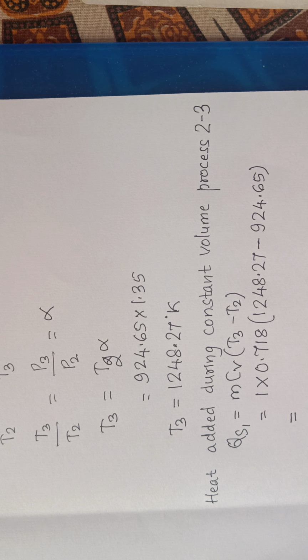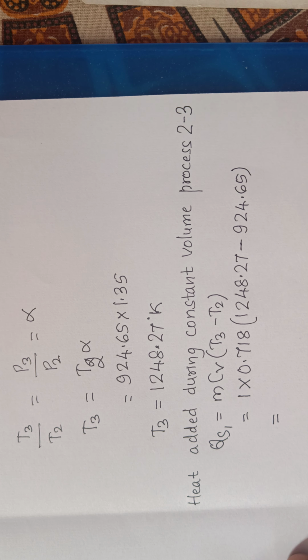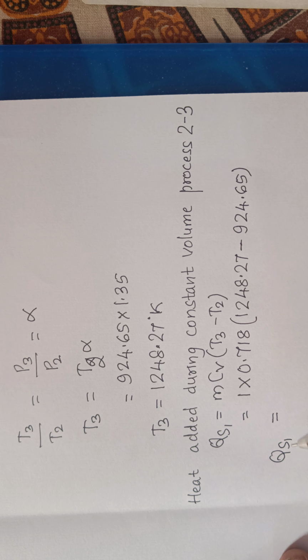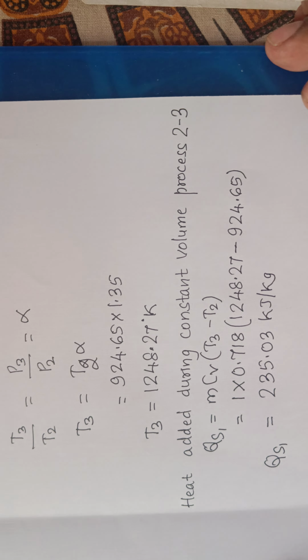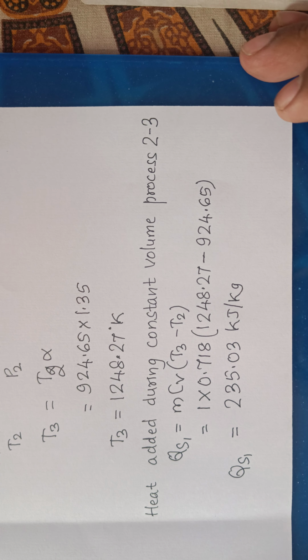Put these values, calculate, and you will get the answer as QS1 is equal to 235.03 kilojoules per kg, because we are finding it per unit mass, that is per kg.